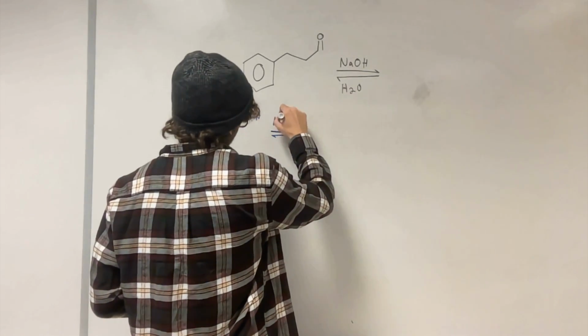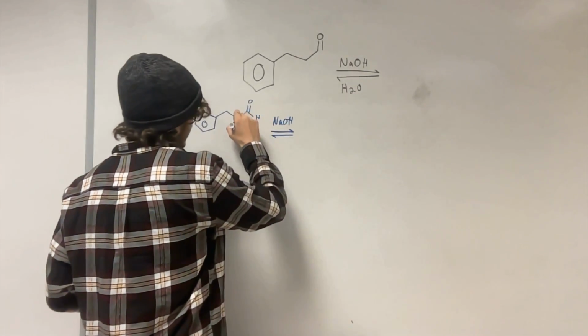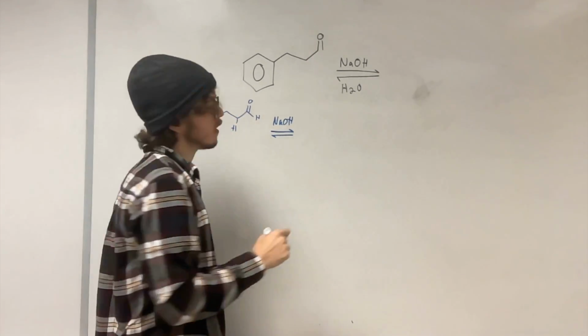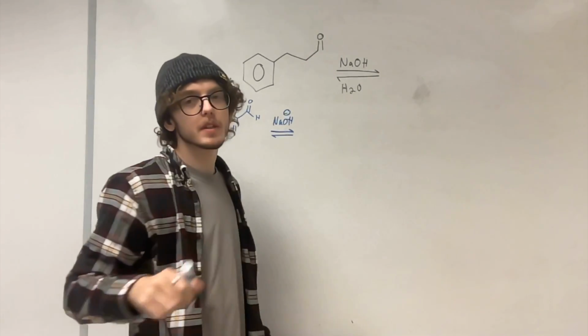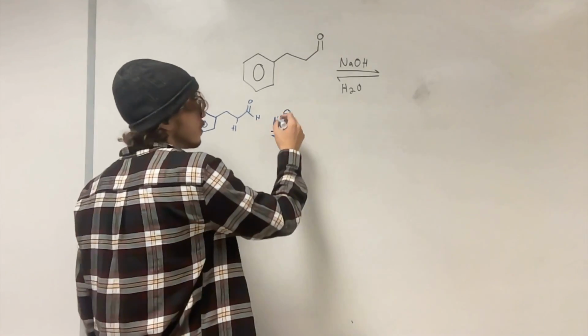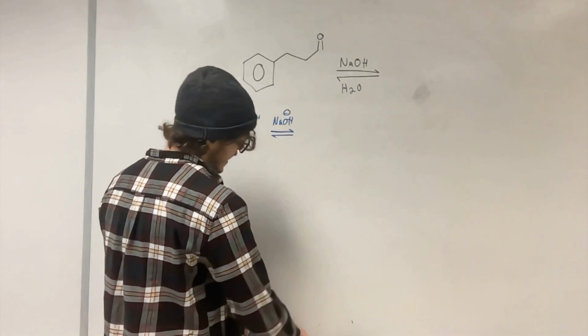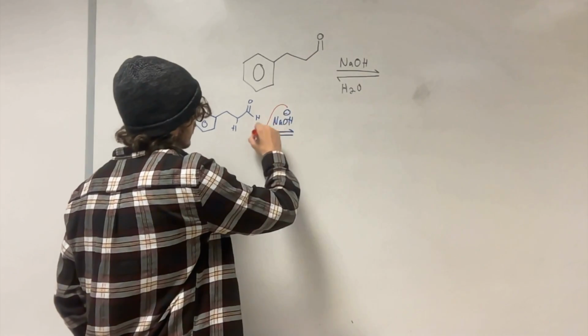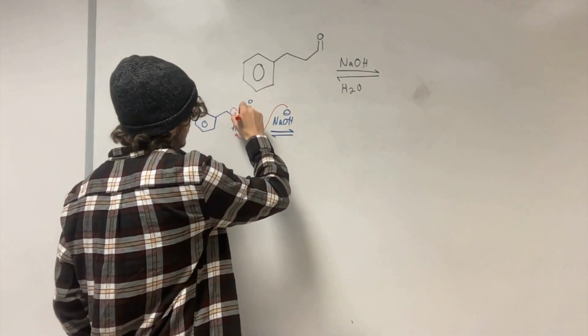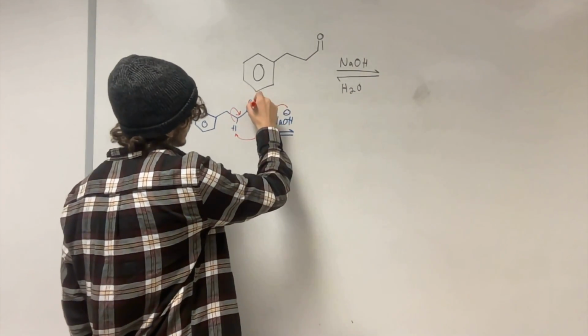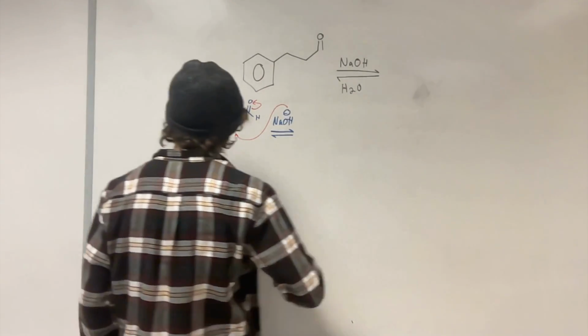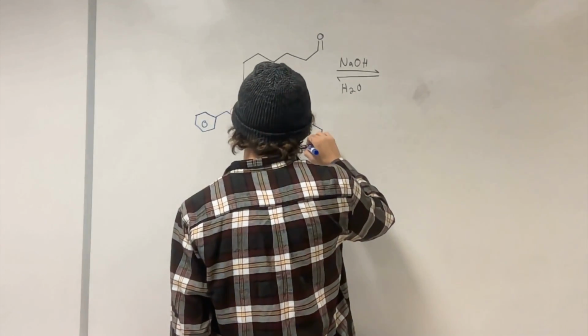So we're going to take NaOH, and we're going to see there's a little hydrogen here next to the ketone in the alpha position, right? Alpha chemistry, that's the whole point of this chapter, attacking the alpha carbon's hydrogen. So we're going to attack that, and we're going to make a pi bond, and we're going to kick electrons up. Okay, this is going to give us the following product.